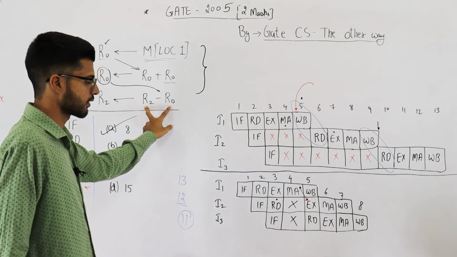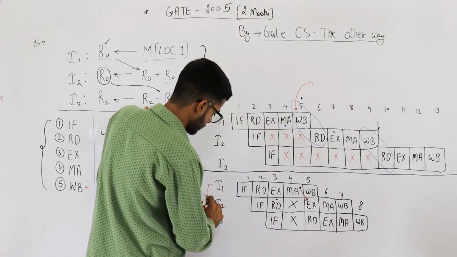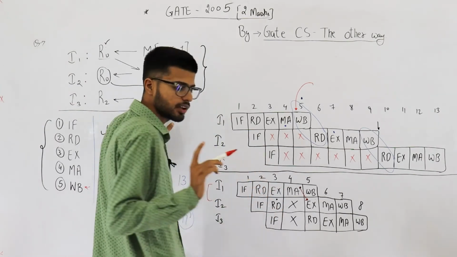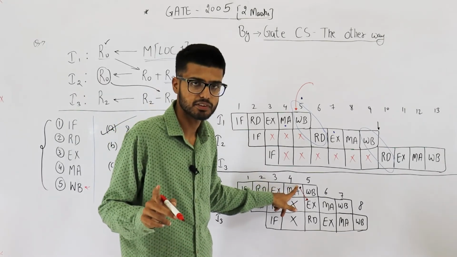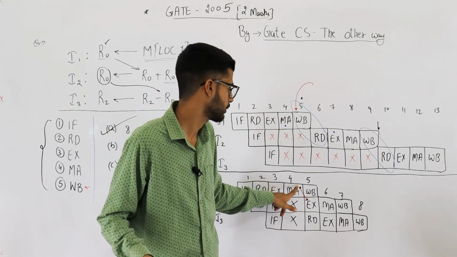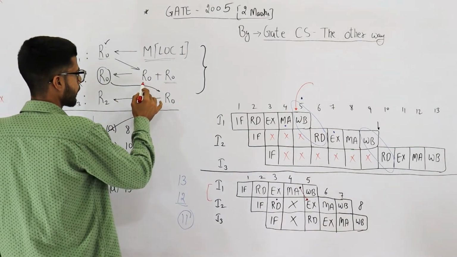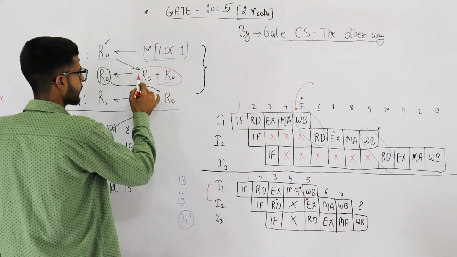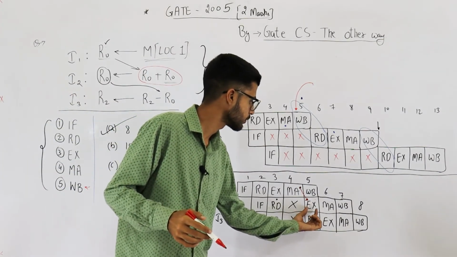That means, unlike I1 to I3, in I1 the value was ready in the memory access phase, rather after completion of the memory access phase. But in I2, the value is ready just in this execute phase only.